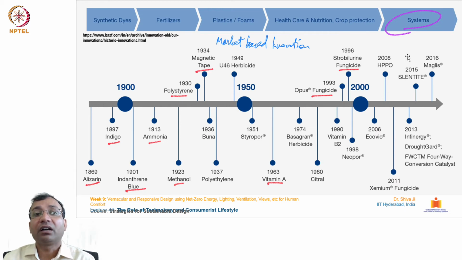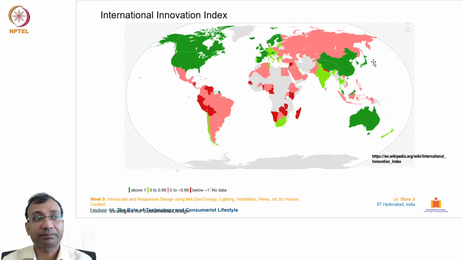So when we work around this systemic intervention and these systemic studies, the chances are more that our innovation will be applicable for a huge number of audience, and for a bigger context. So it is important to go for systemic studies and analysis.